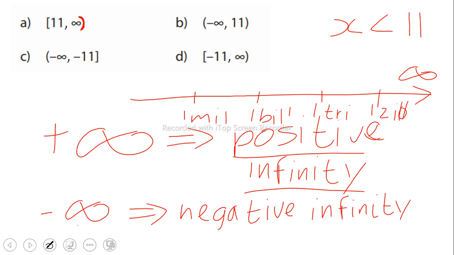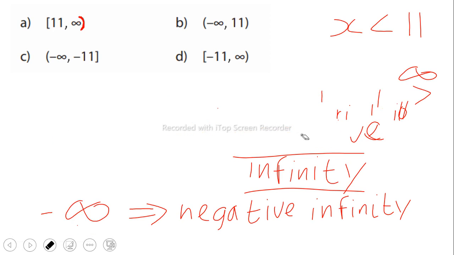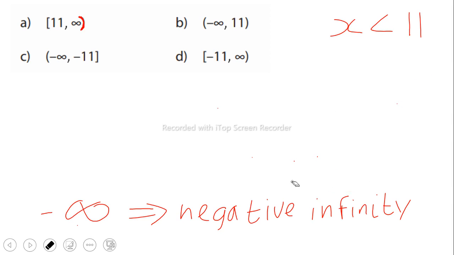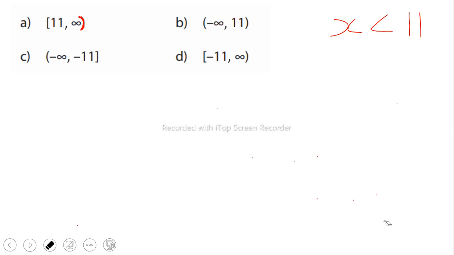So in simple terms, what is A saying to us? Let's look at A again. A is saying, hey, start at 11, because we could start at 11. Start at 11 and continue on and on and on until you reach "positive infinity." I put that in quotation. Basically, continue on forever and ever.